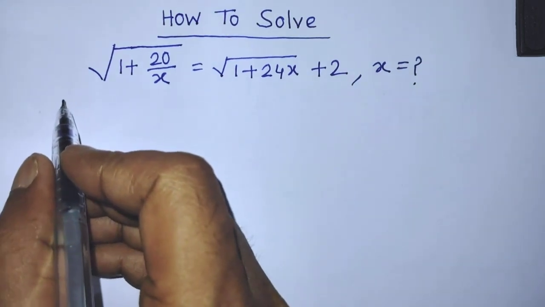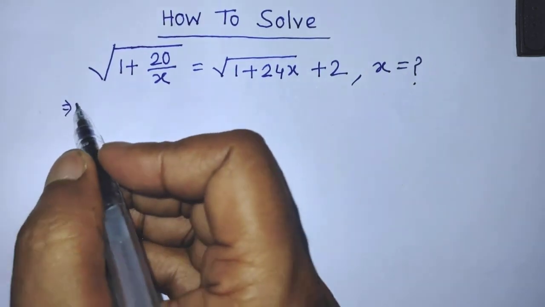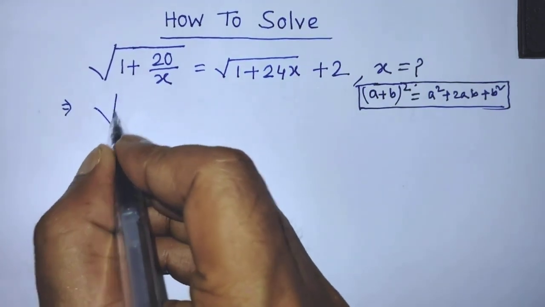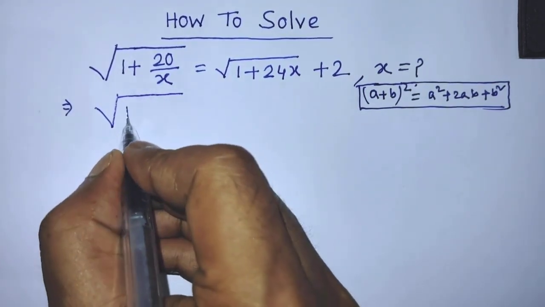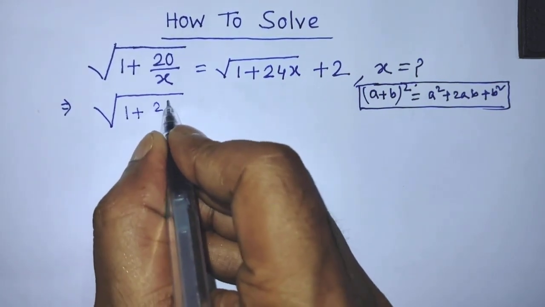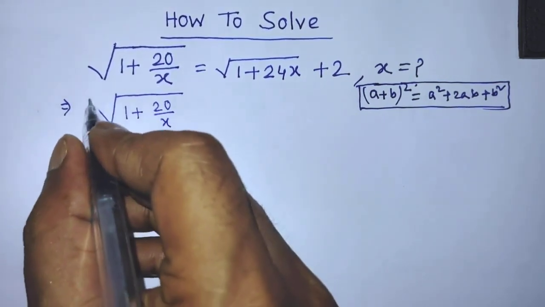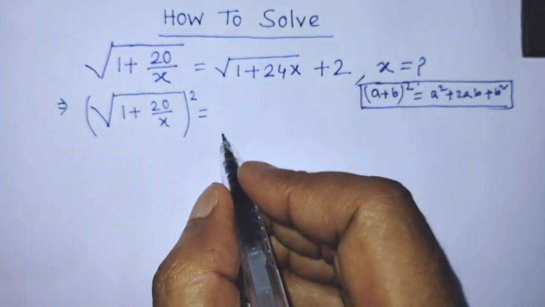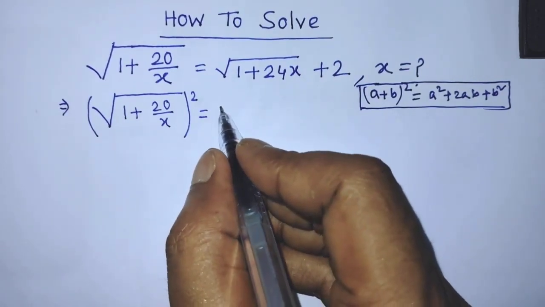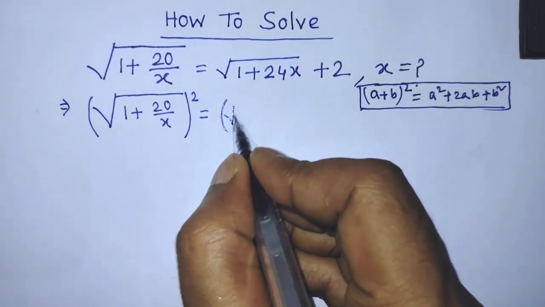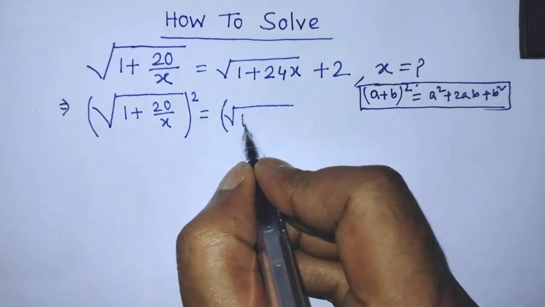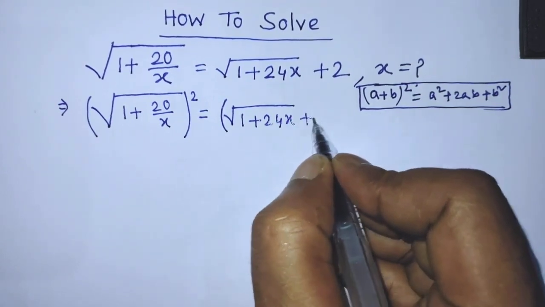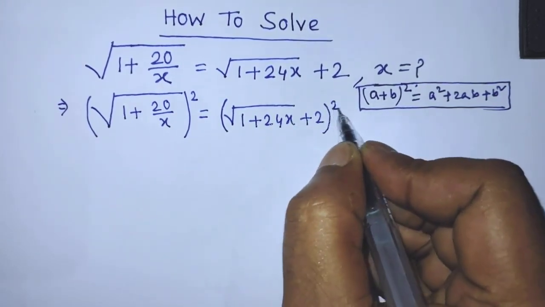After taking the square on both sides, on the left hand side we can write (square root of (1 + 20/x)) to the power 2 is equal to, on the right hand side similarly, (square root of (1 + 24x) + 2) to the power 2.